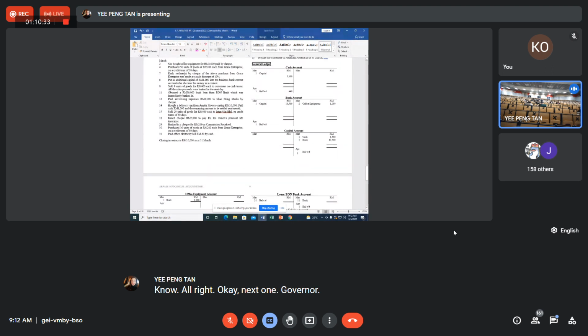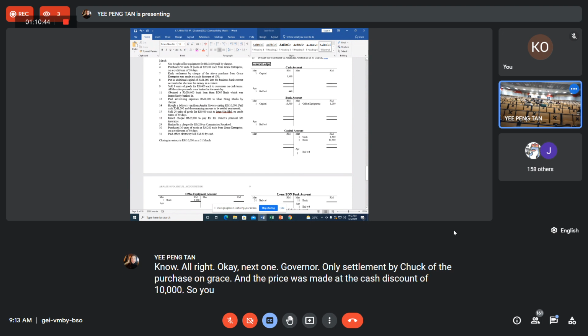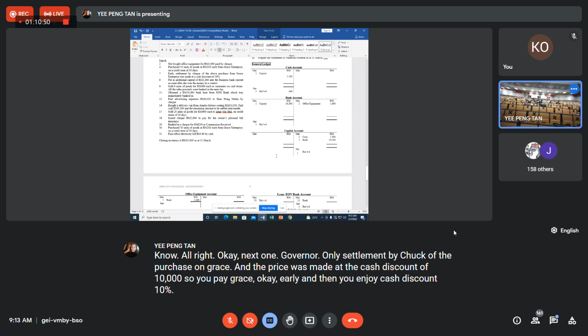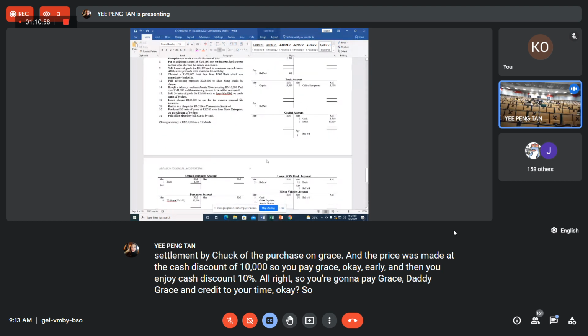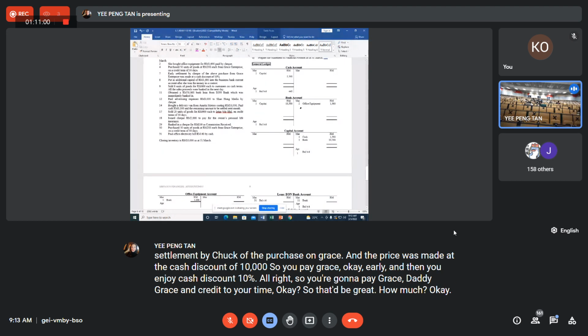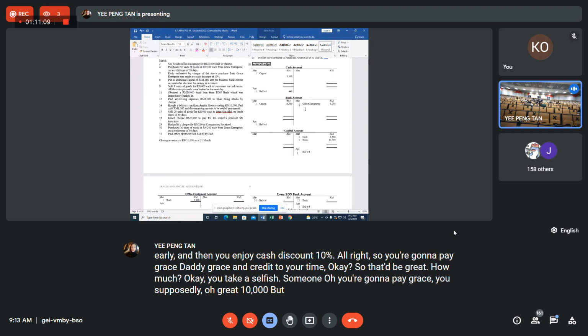7th March. Early settlement by check of the above purchase from Grace, and the payment was made at a cash discount of 10%. So you pay Grace early, and then you enjoy a cash discount of 10%. So you're going to pay Grace: debit Grace, and credit your bank. How much? If we owe Grace 10,000 but we enjoy a 10% discount, 10% of 10,000 is 1,000.